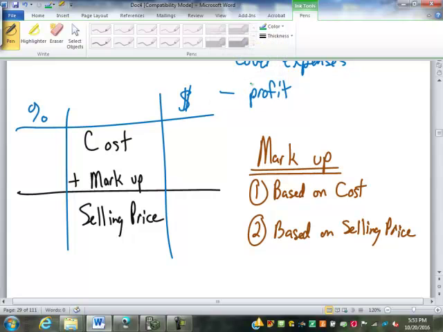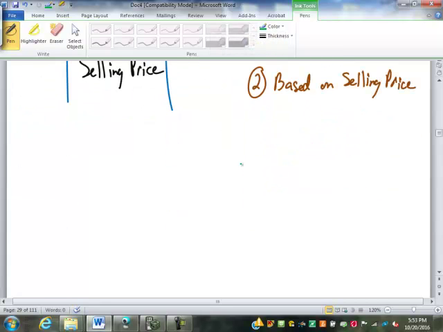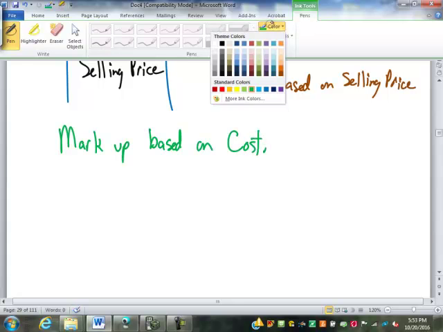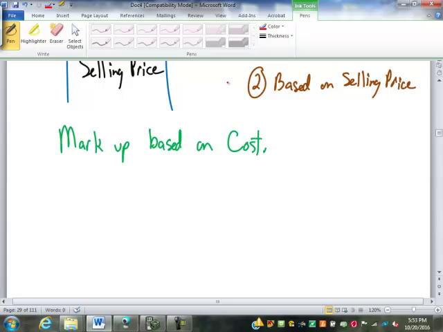So we're going to start out with markup based on cost. The key term here is based. When we're talking about percents, the term base has a very specific meaning.